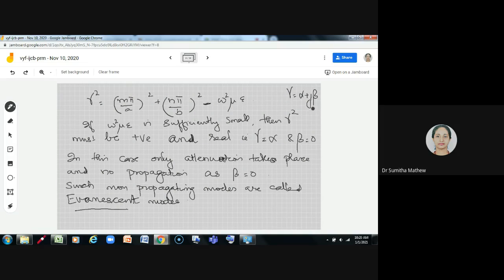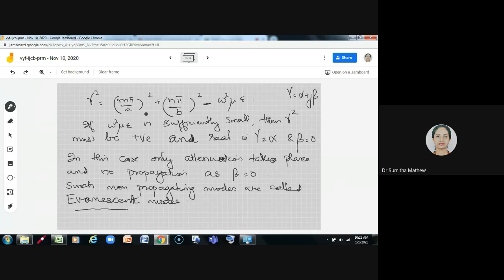Actually, it is alpha plus j beta, where alpha is the attenuation constant and beta is the phase constant. So, propagation constant is a complex number where the real part is alpha and imaginary part is beta.